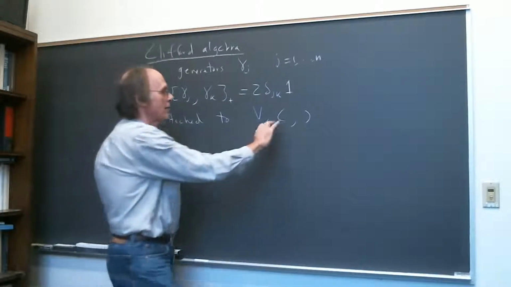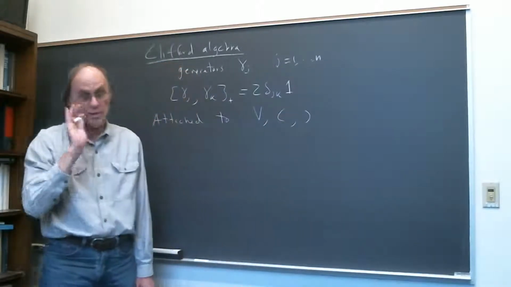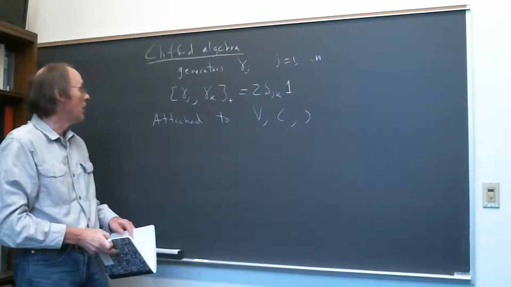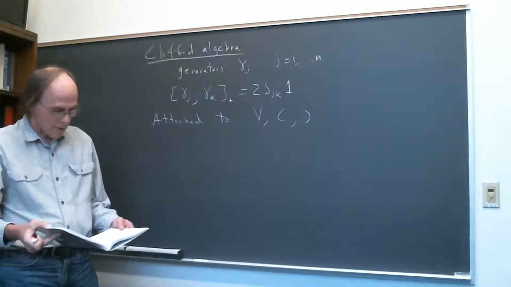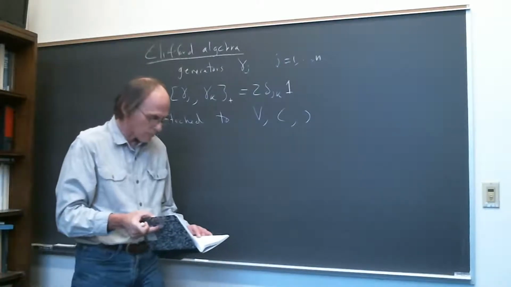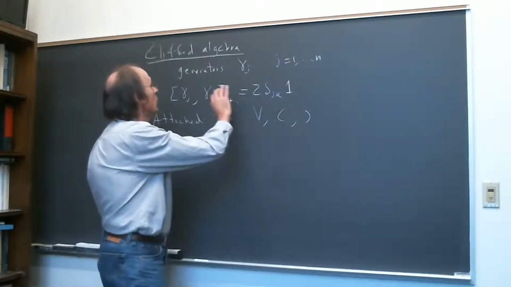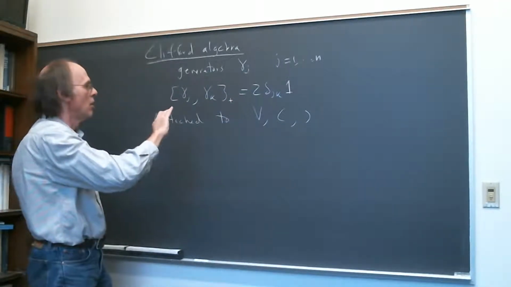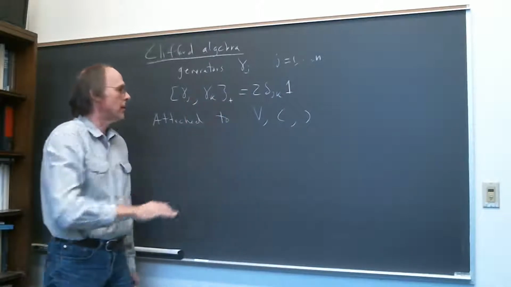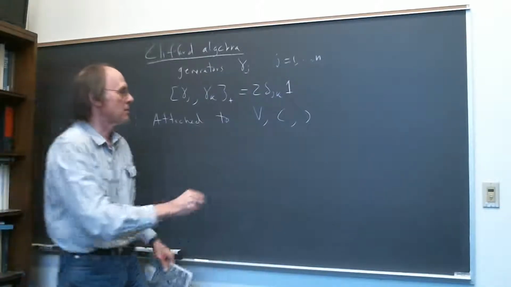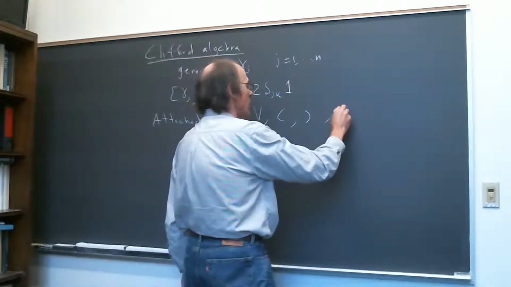But you can have any kind of symmetric non-degenerate bilinear form. You can always complexify this, but the basic example we're going to think about is real. So this is a real vector space.